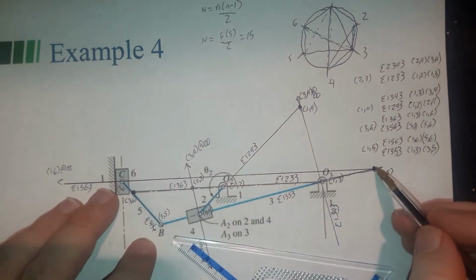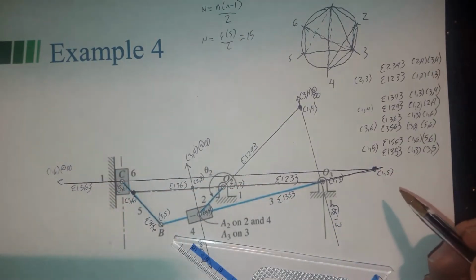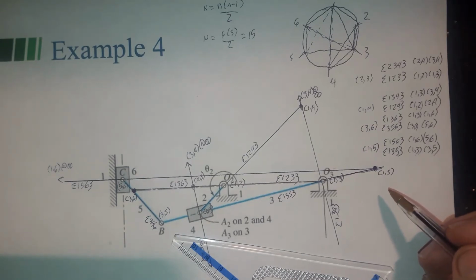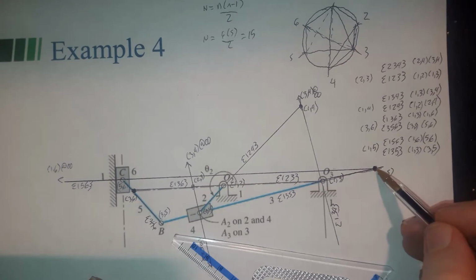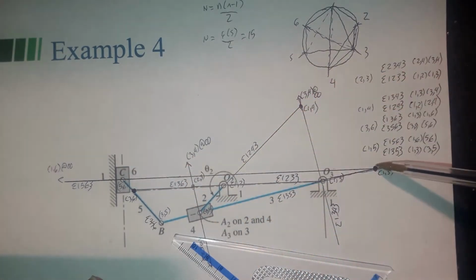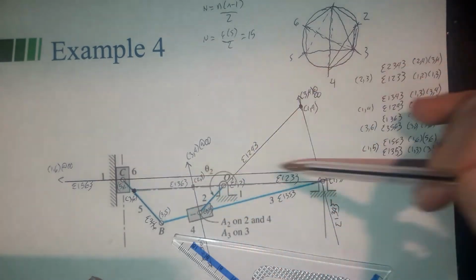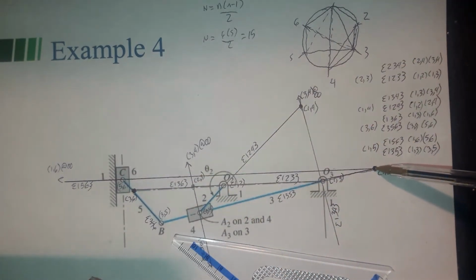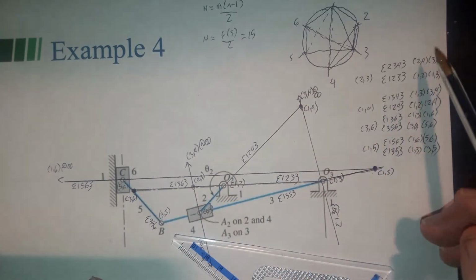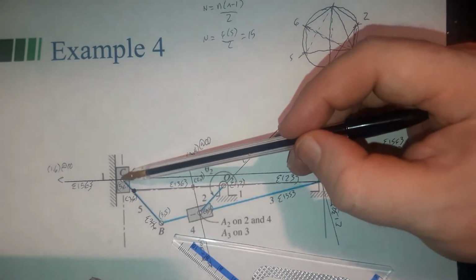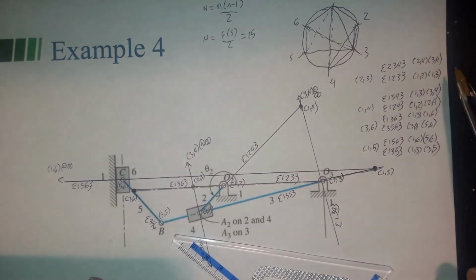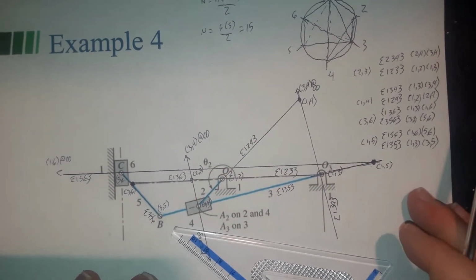This link right here is rotating about that point at that instant in time. And one of the things that'll tell me is if this is the center of rotation, that the position vectors from the center of rotation right here to C, position vectors to B, aren't that different in length. So the speed of point C and the speed of point B are going to be very close to being the same. Okay.